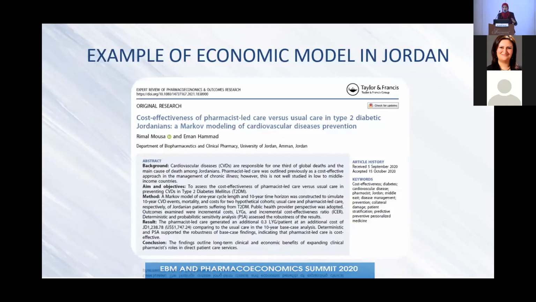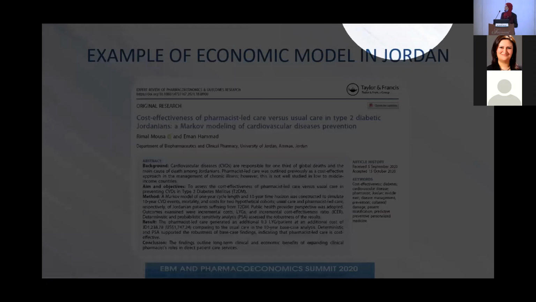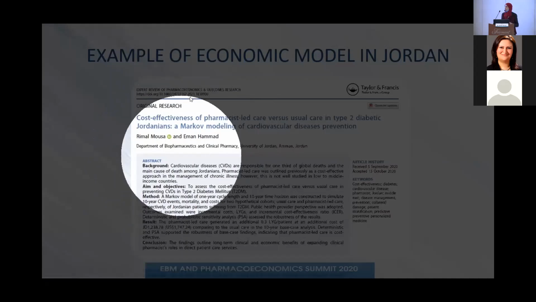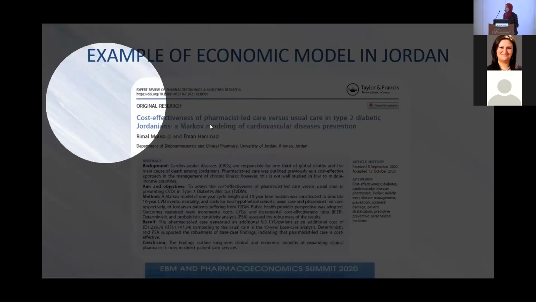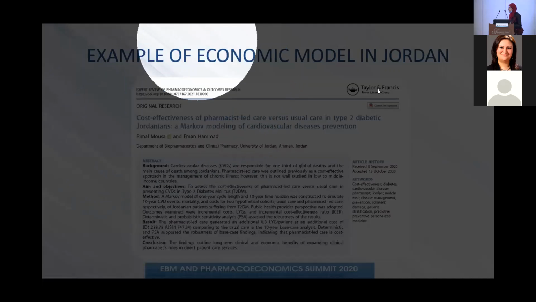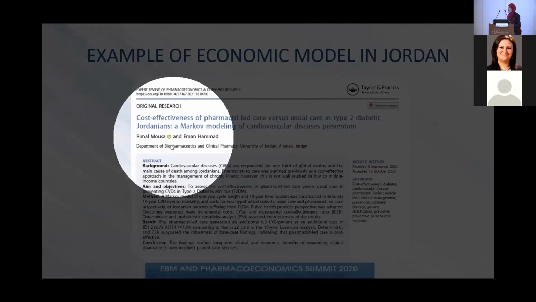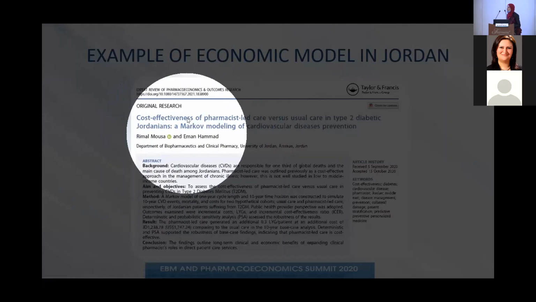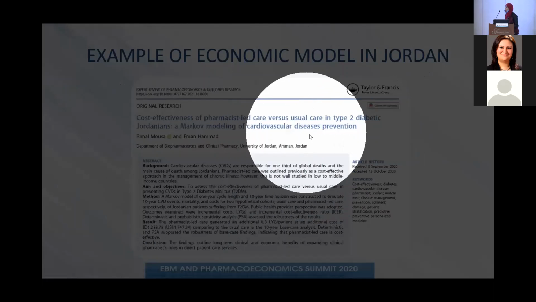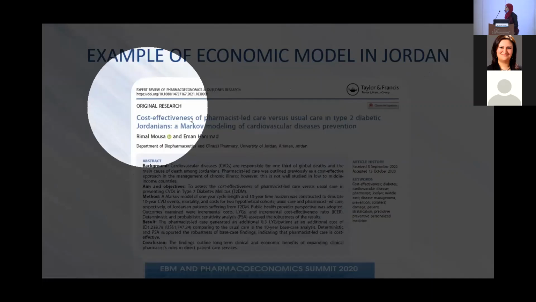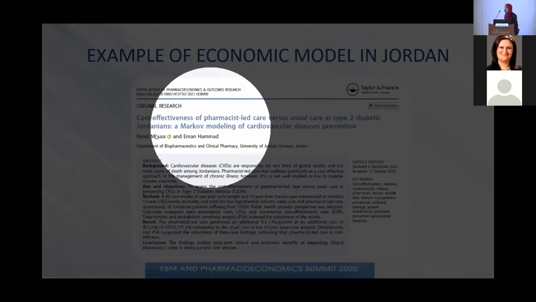Finally, due to the time limit, I just want to shed light on one of the recent studies we conducted, me and Dr. Iman Hamad from the University of Jordan. It is the cost effectiveness of pharmacist-led care versus usual care in type 2 diabetic Jordanian patients.